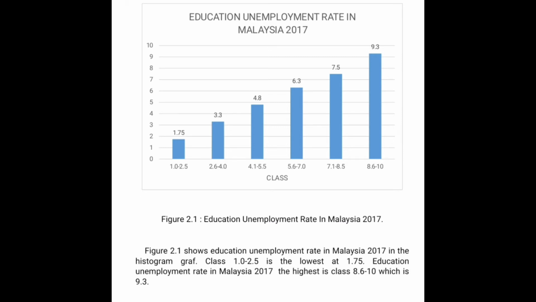Class 1.0 to 2.5 is the lowest at 1.75. For the education unemployment rate in Malaysia 2017, the highest is in class 8.6 to 10, which is 9.